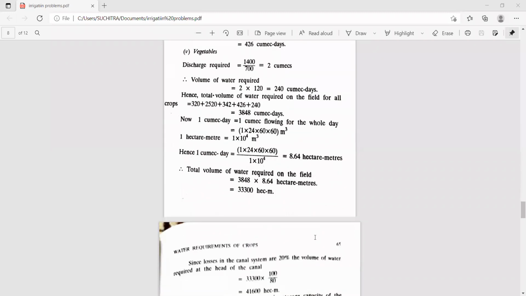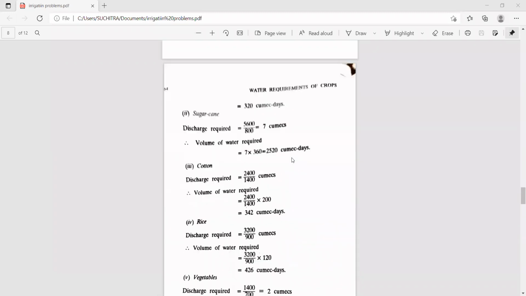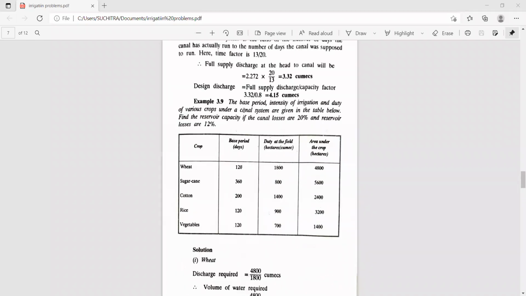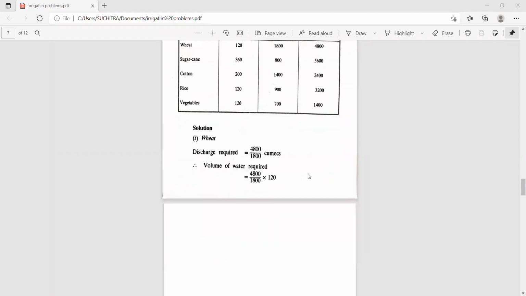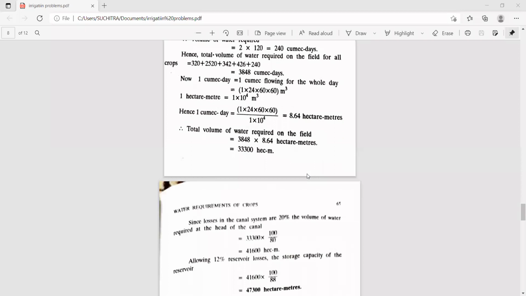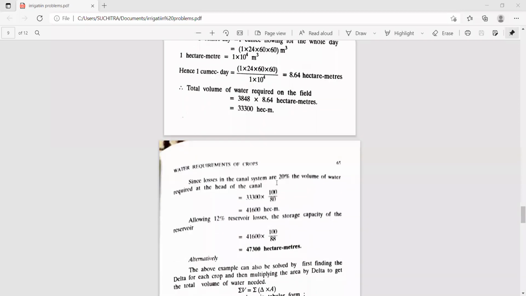Now we have to calculate the reservoir capacity required if the canal losses are taken as 20% and the reservoir losses as 12%. Since the losses in the canal system are about 20%, the volume of water required at the head of the canal will be the total volume of water required multiplied by 100 by 80, that is, divided by 80 over 100.